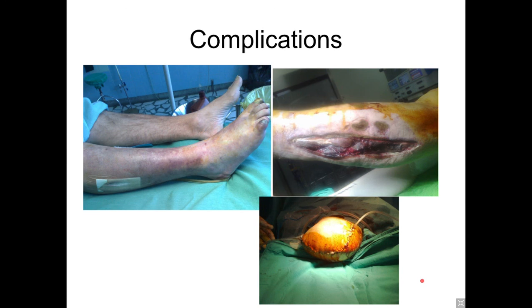This is because of vascular impairment, but not as a consequence of trauma. This is a consequence of general vascular disease, thrombosis. This is a special term, compartment syndrome.